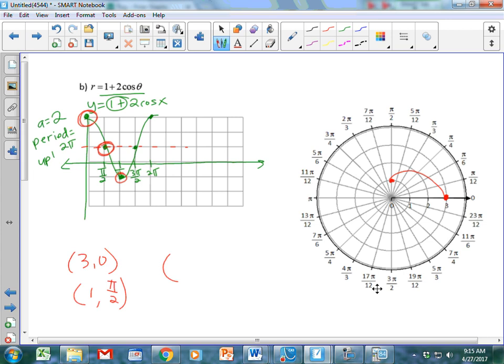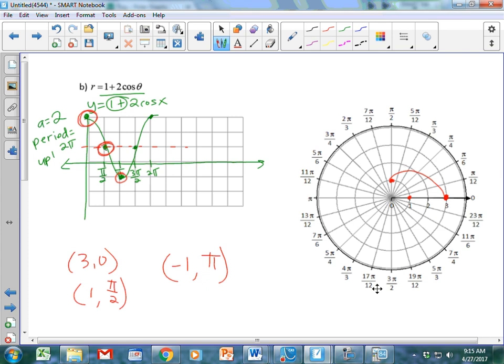So we have negative 1 is the R value and pi is the angle. Where is that? We go to pi. Okay. All right, so pi rotates over here, and then you got to shoot through the origin. Now, question, did we go to the pole from this point to this point?